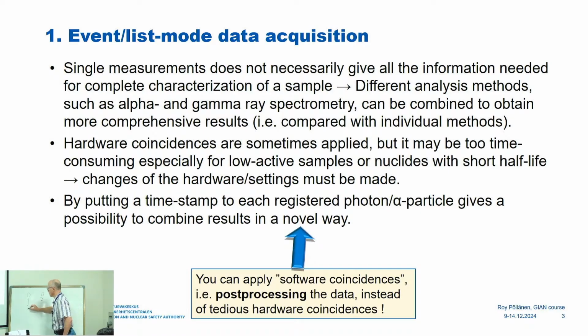Channel number 2 may contain 7 counts. Number 3, 0 counts, etc. Up to 16,000 channels, if I was correct, in this system, or 32,000 channels. I don't remember now the exact number. Was it 32 or 16? 16, I guess so, yeah.